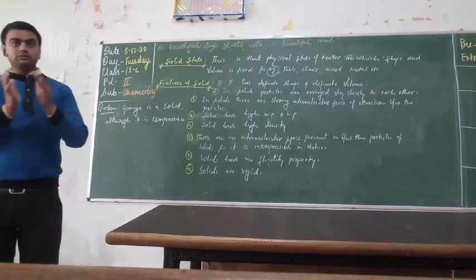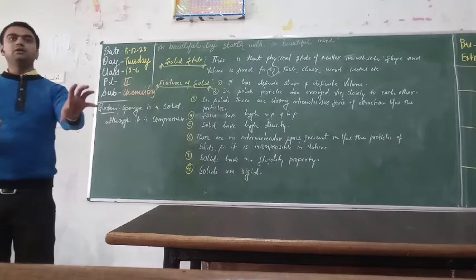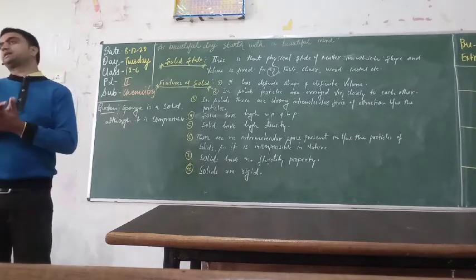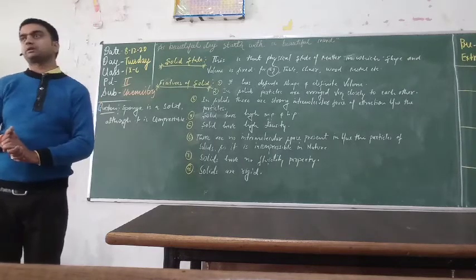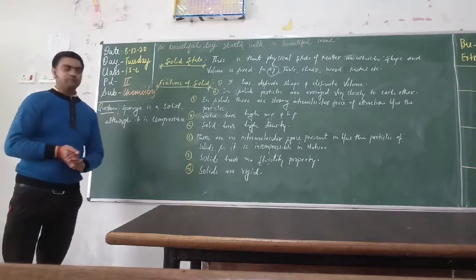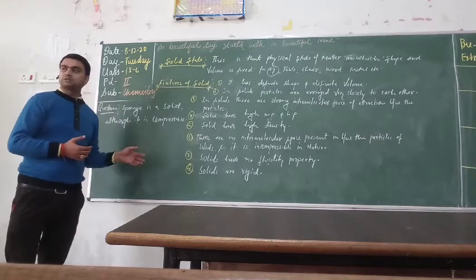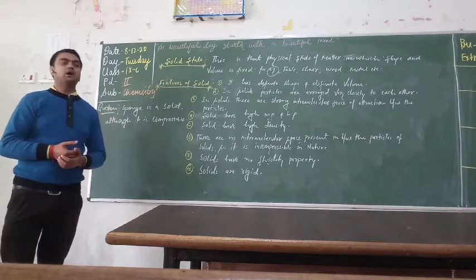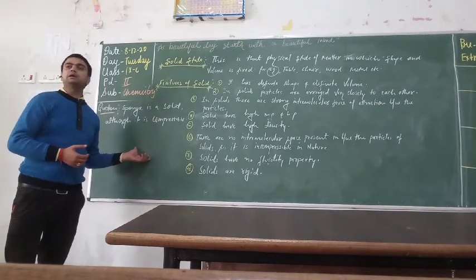In this way we can say that the sponge is compressible in nature. Because the sponge has many holes or pores, and these holes or pores are occupied by air molecules or gas molecules. Clear? And in this way we can compress the sponge.